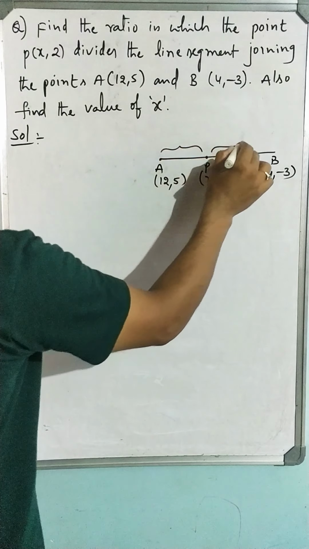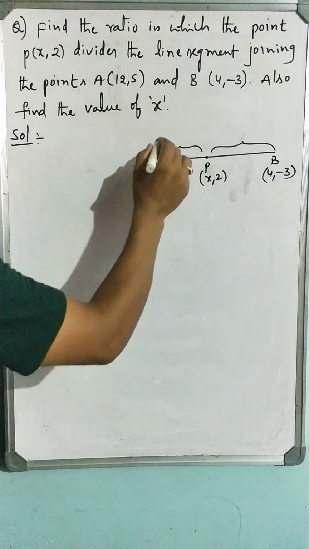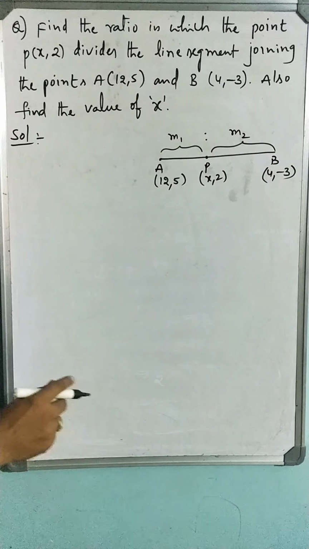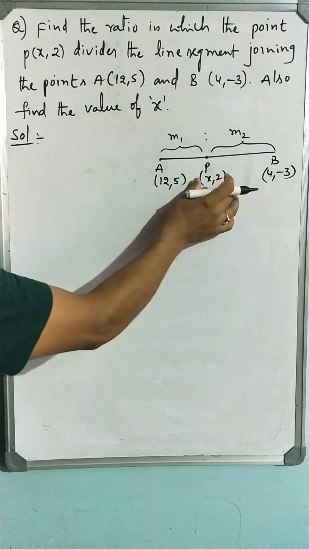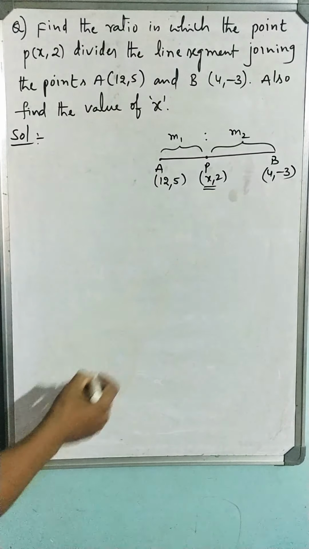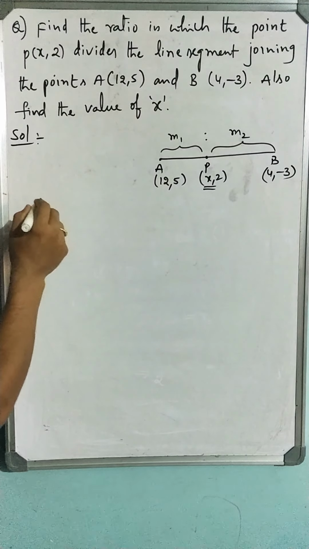The ratio, as you don't know, let it be m1 is to m2. Then we have to find this ratio in which P divides the segment AB, and also find the missing coordinate. So we have the formula.